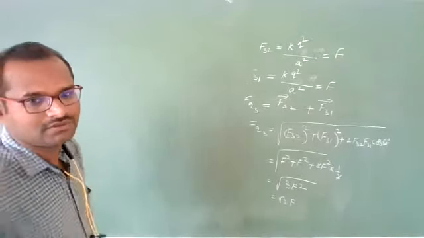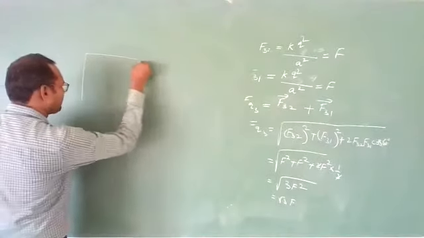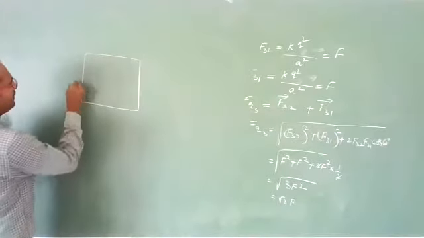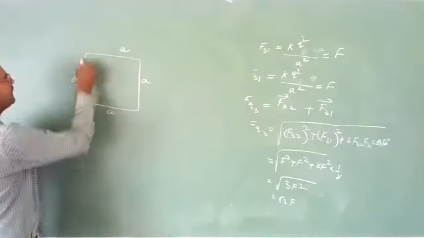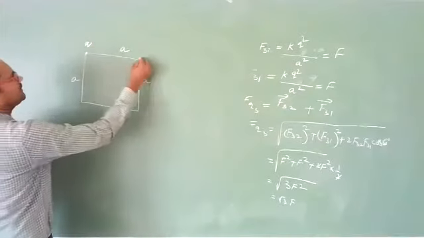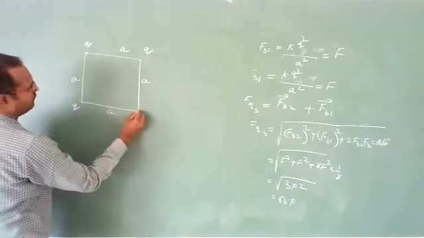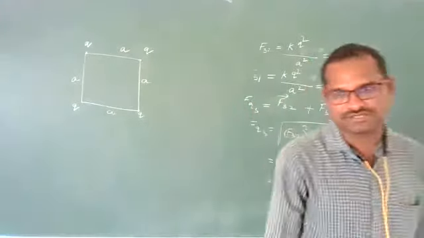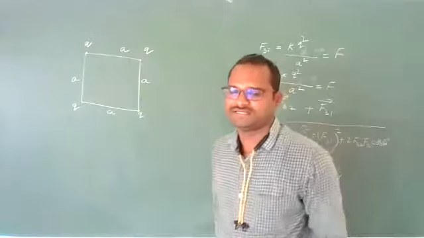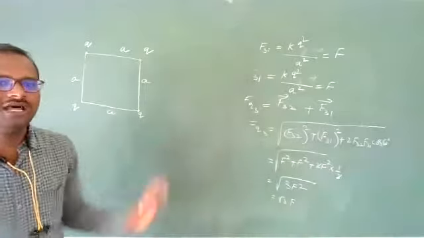Be careful. Okay. Now let us imagine we have a square like this. All sides are equal, A. And on all the corners, imagine a Q charge. Q charge is present on 4 corners. Equal charges Q are there, and all the charges are of the same nature, all positive charges.